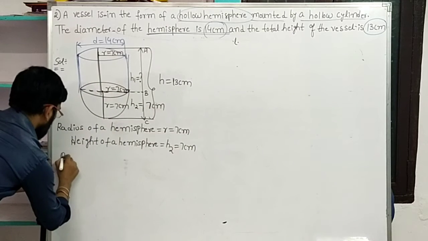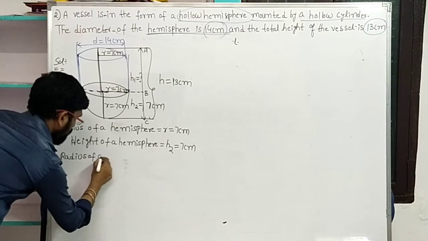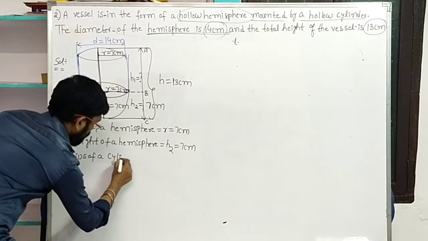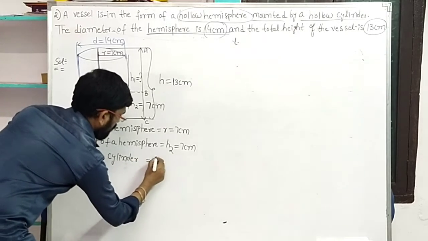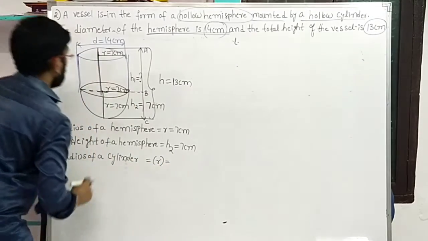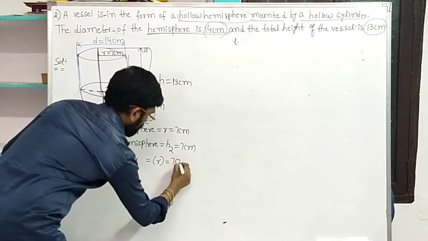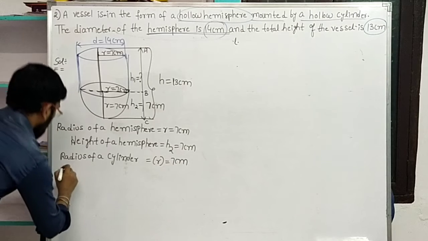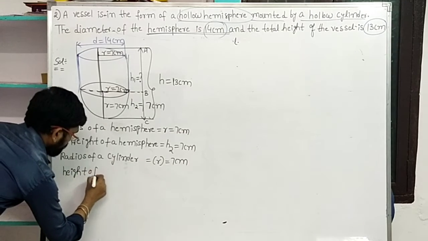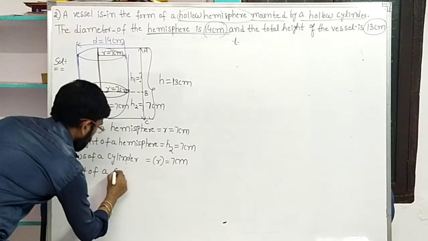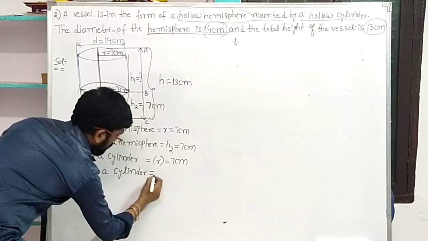Now the radius of the cylinder is also 7 centimeters, whereas the height of the cylinder is still to be found.